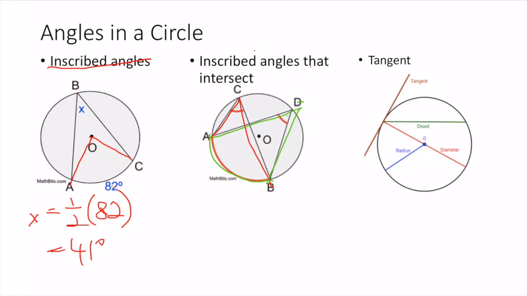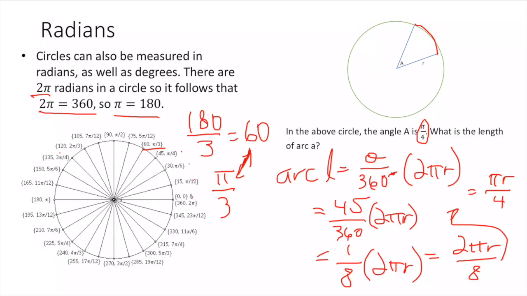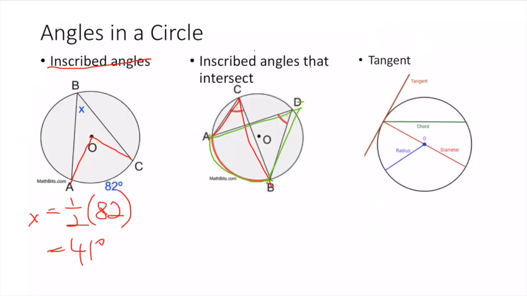Okay, here's the final theorem: tangents. What a tangent is: if a tangent of a circle connects to the radius, we just know that it's a 90-degree angle.